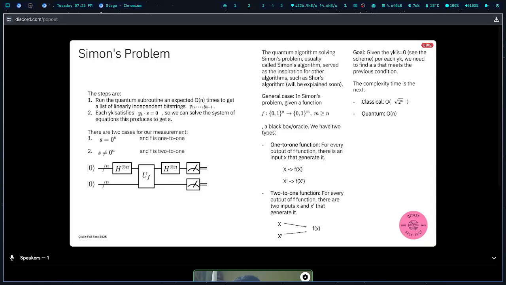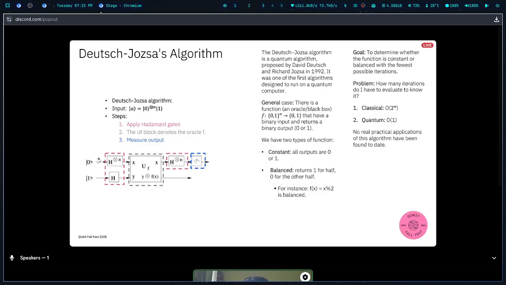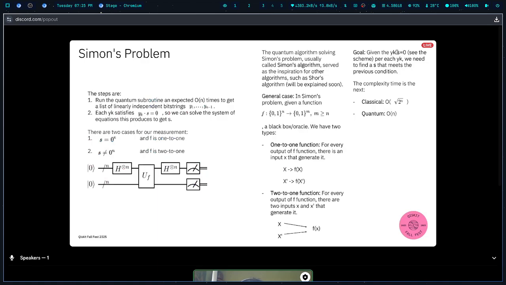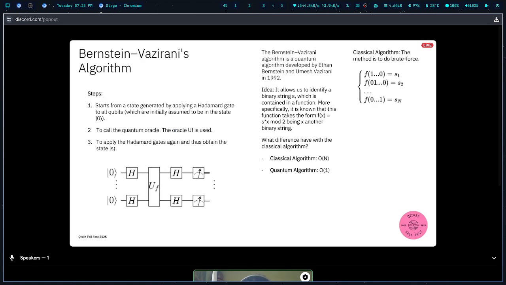These are also different types of problems with the same idea. In general, it does not have a real purpose, but it is good for explaining. You have to understand a bit of the Deutsch algorithm, and I think these algorithms are similar to one another.